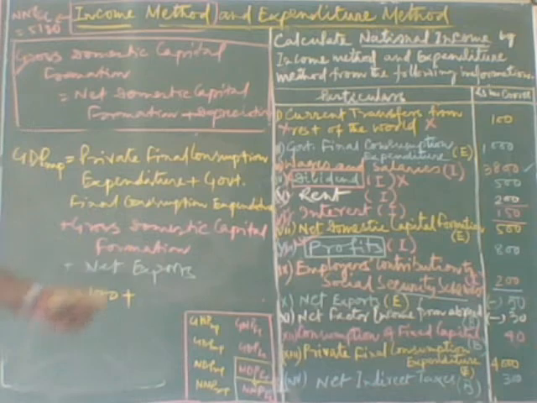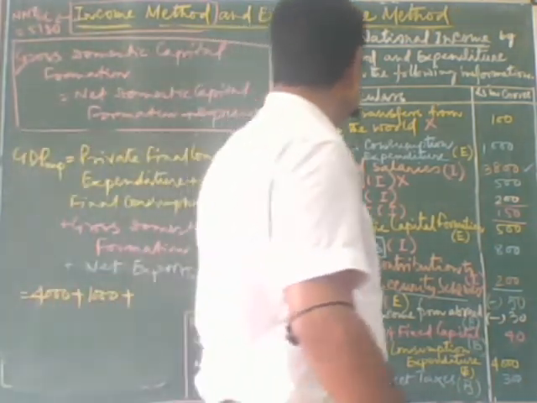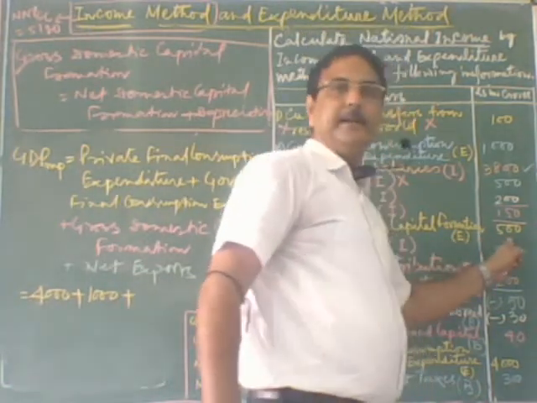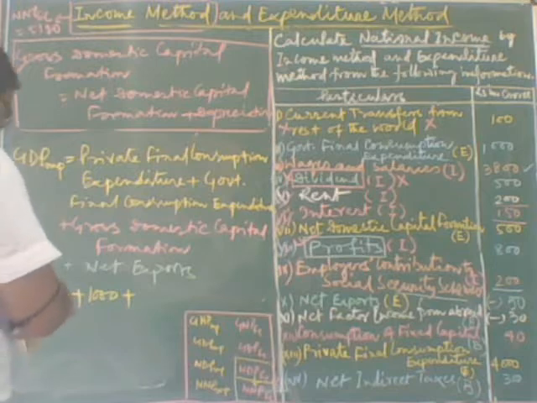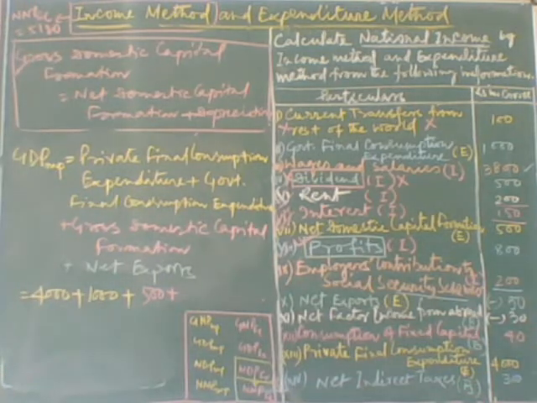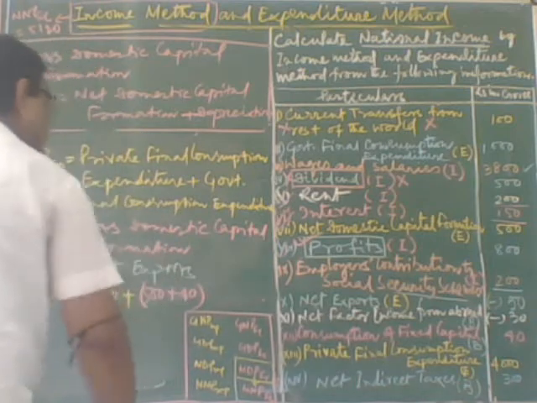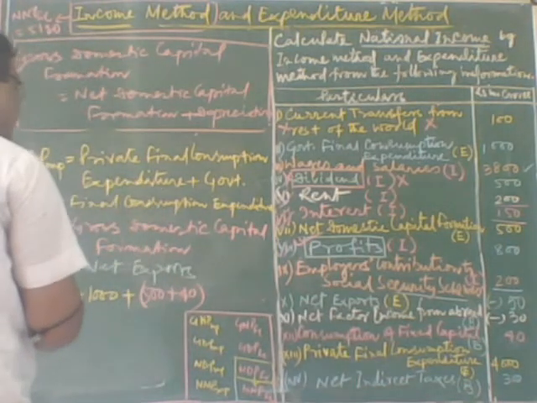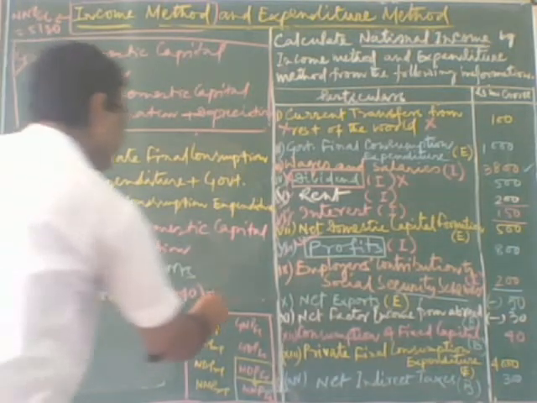Plus gross domestic capital formation, which is equal to net domestic capital formation, 500, plus depreciation, that is consumption of fixed capital, 40, plus net exports, that value is minus 50.